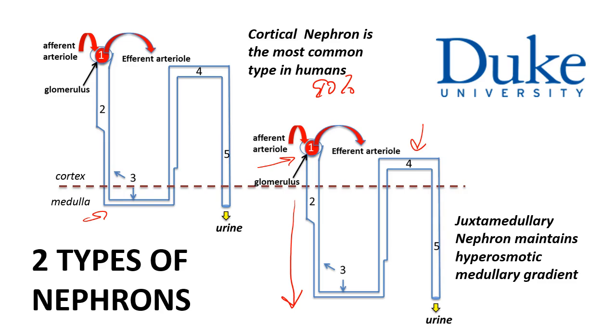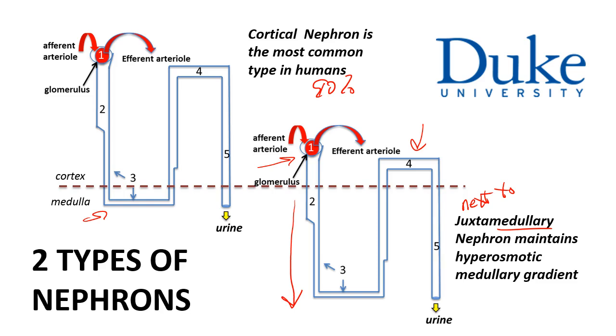This particular nephron is called juxtamedullary, juxta meaning near or next to the medulla. So the juxtamedullary nephron is the nephron that has tubules that descend deep within the medulla.